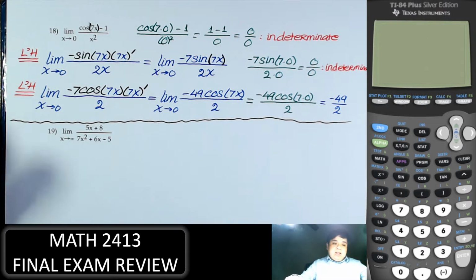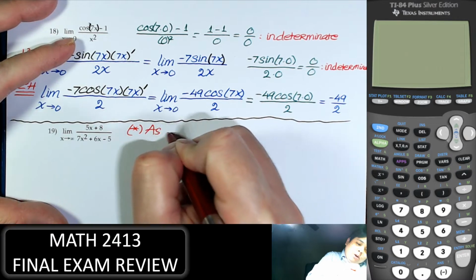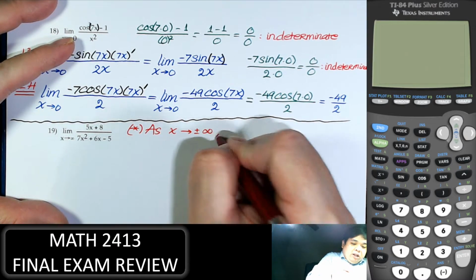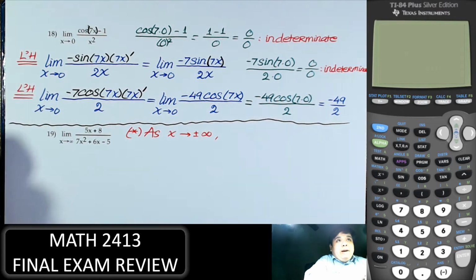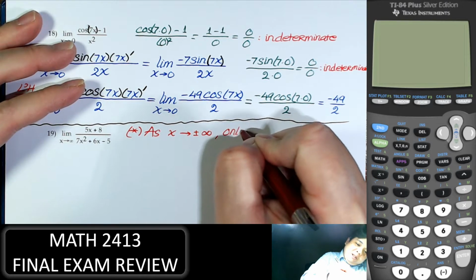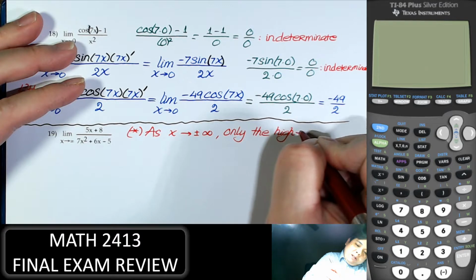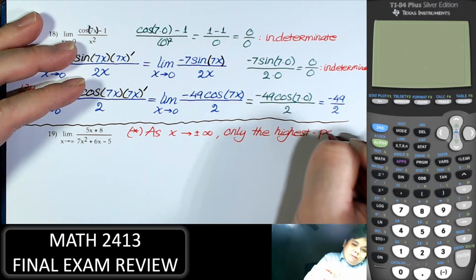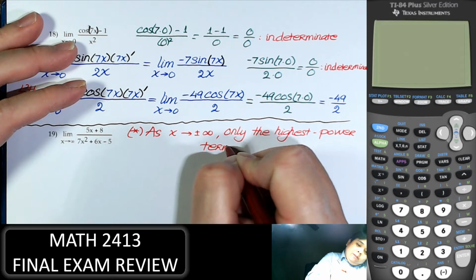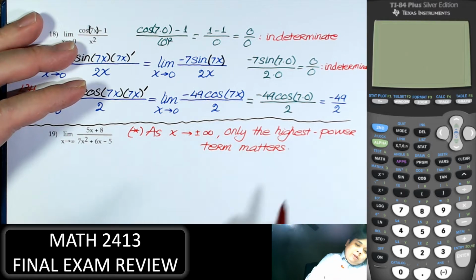The rule says as x goes to infinity or negative infinity, for a polynomial, only the highest power term matters.